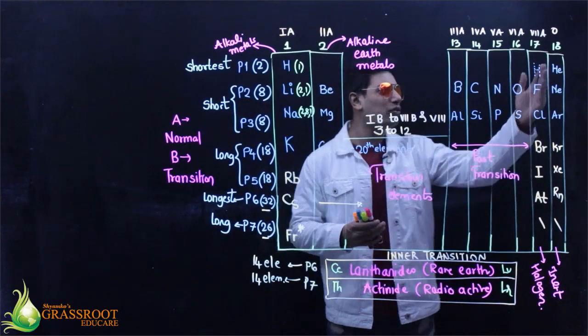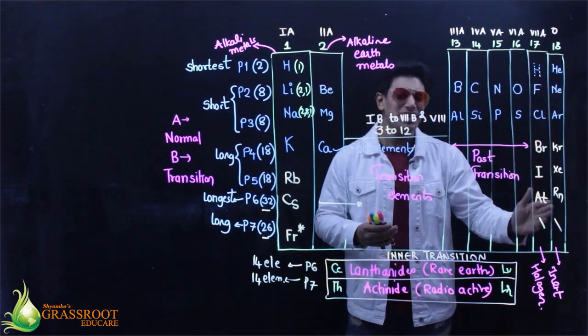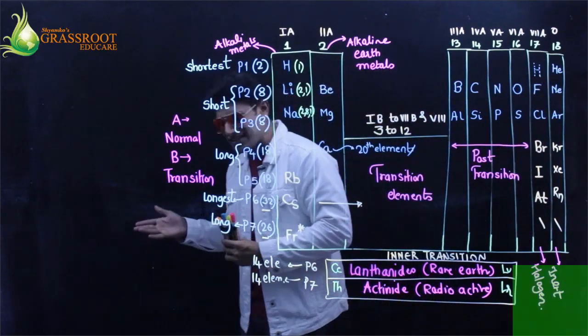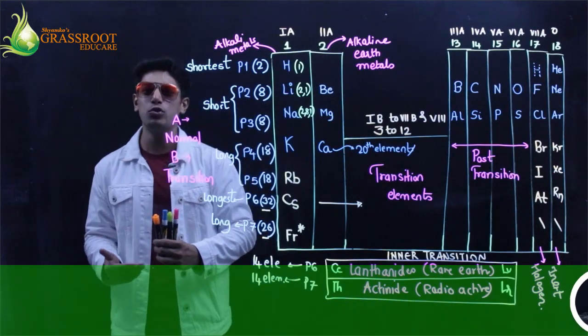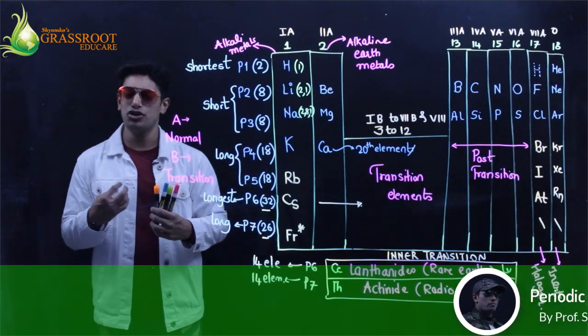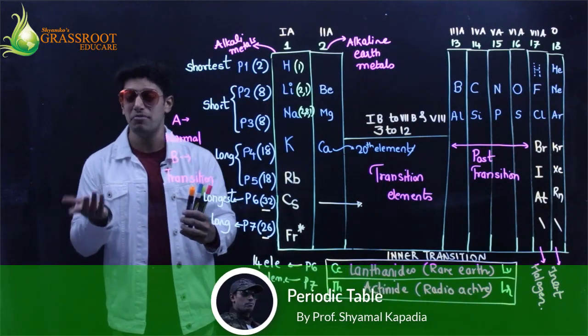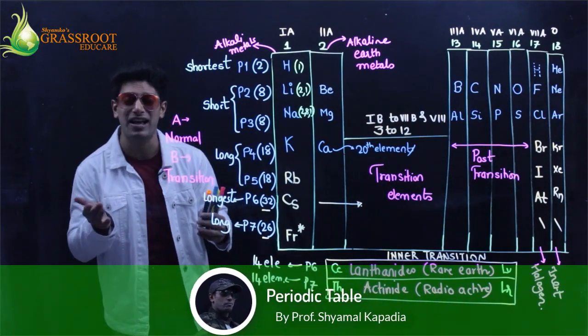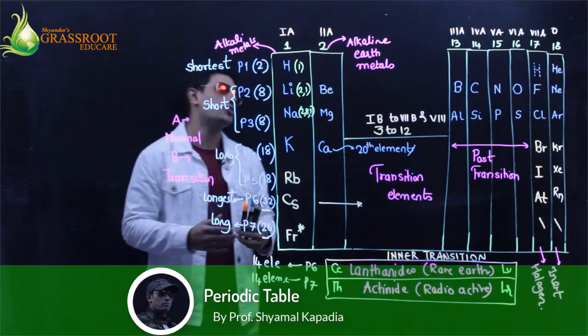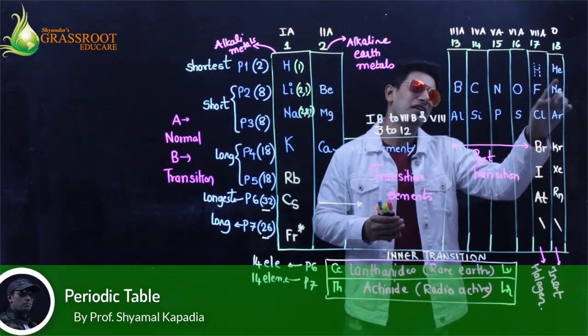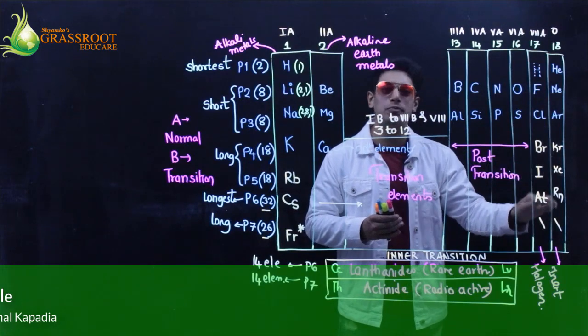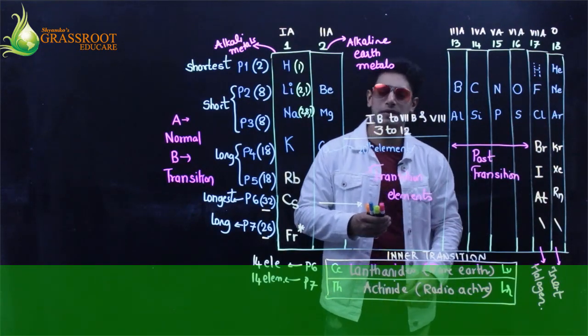Inert gases, on the contrary, have zero valency. Why zero valency? Because they are stable. There is no transfer of electrons because they already have an octet or duplet. They are not reactive under normal conditions of temperature and pressure.